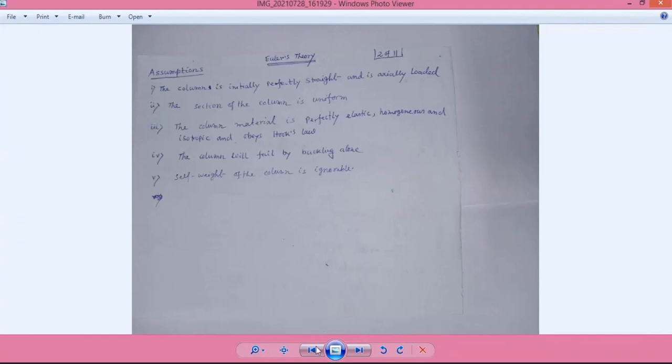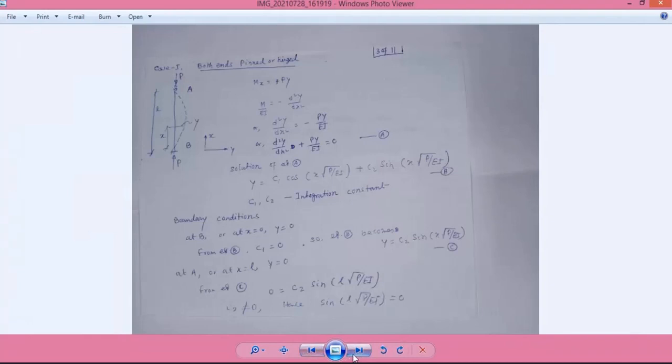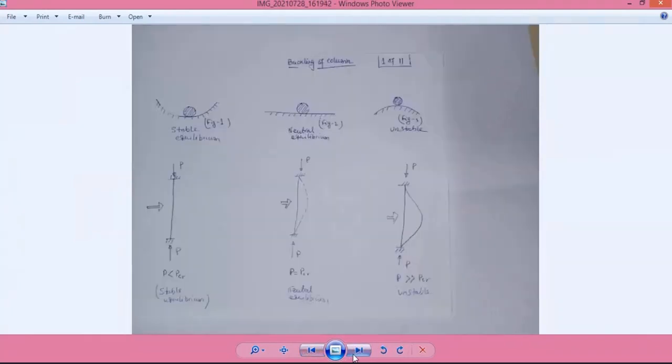But the question is, if the load is passing through the centroid of the column, then how will the column deflect, or how does buckling occur? If the load is purely axial, then why does the moment occur?